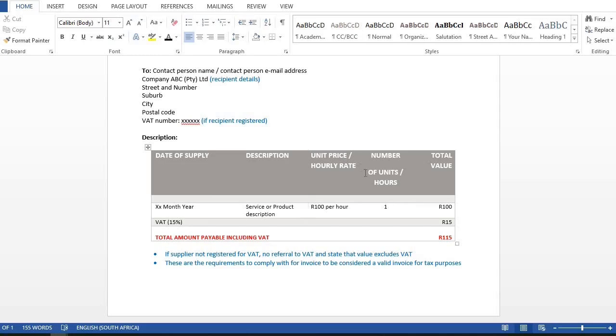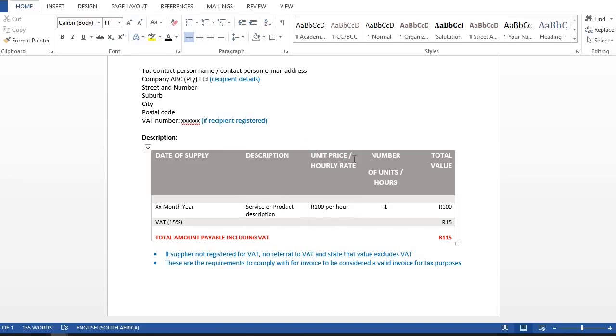Then if we move down here, you need to include the date of the supply, so basically when you are delivering the product or the service. You also need to include a detailed description of the service or the product.